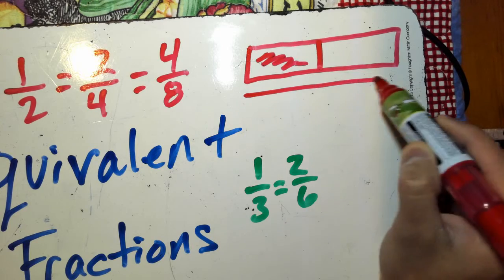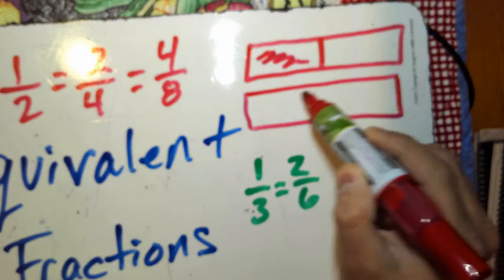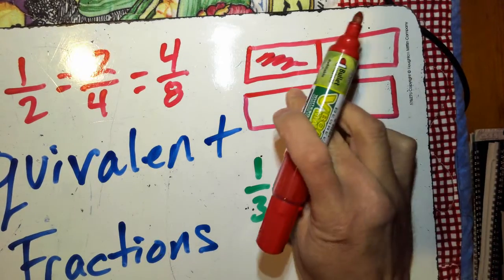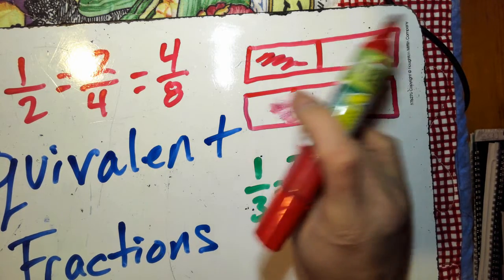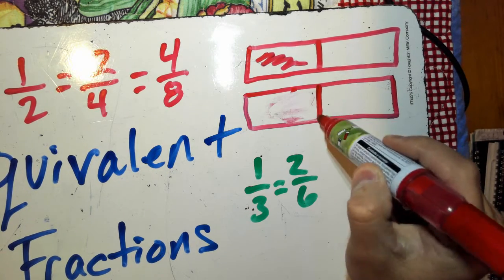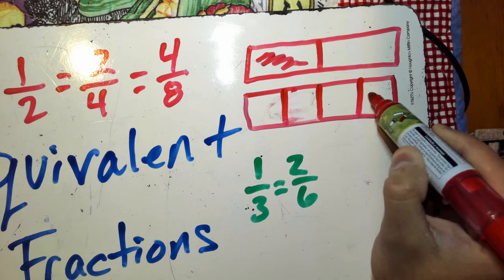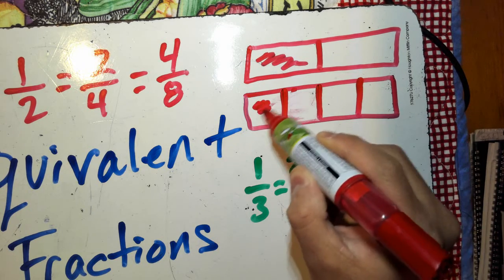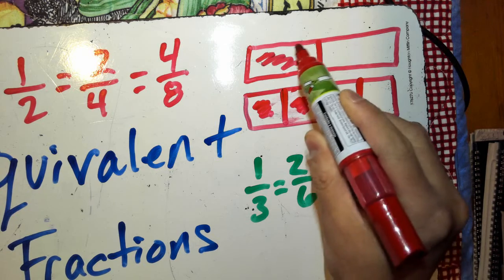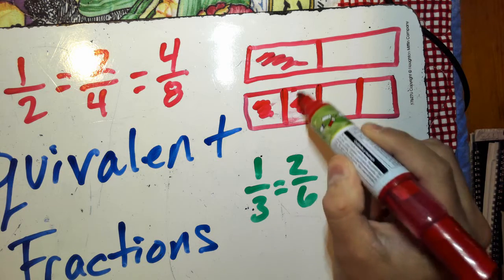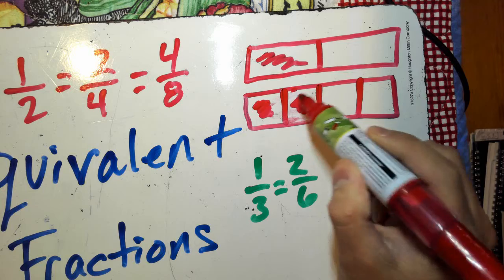It's also equal to 2/4. Let's not make it messy, let's make it good. So now we've split it into fourths. And as you can see here, it represents the same value.